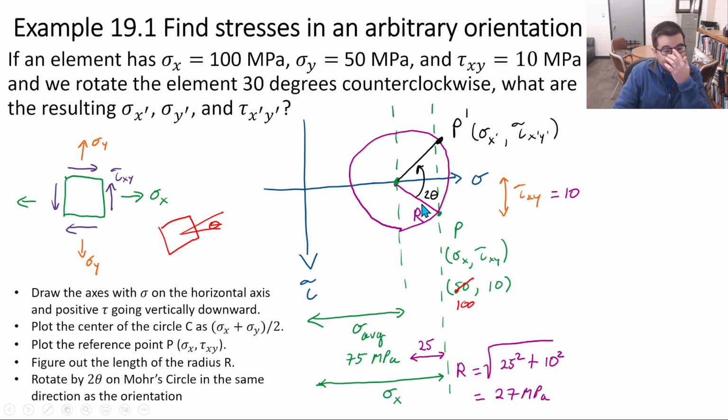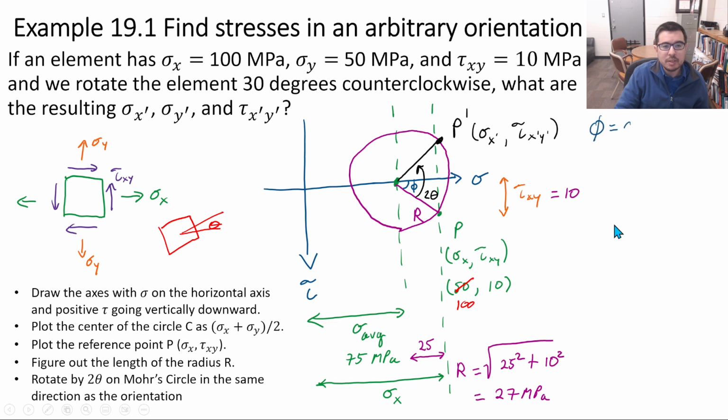Nonetheless, it's not super useful if we don't know what the slope or the angle of this line is, the CP line, originally. So it might be useful to define another parameter like a phi, or, if you want to be more careful, like a 2 phi. But it's not going to matter too much.